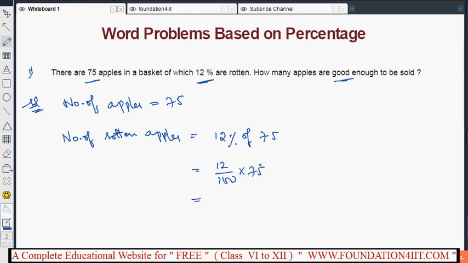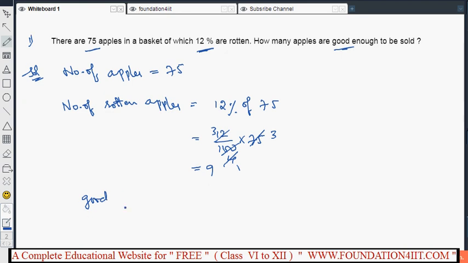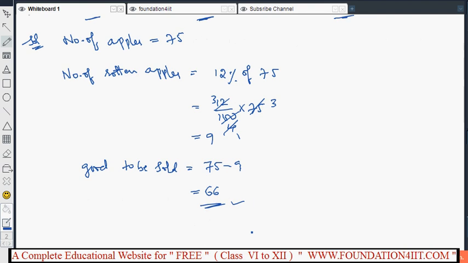So by cancellation 25 3s are 75 and 25 4s are 100. 4 1s are 4, 3 3s are 9. So 9 apples are not good. Therefore number of apples that are good enough to be sold are the remaining. So total is 75. From that, if you subtract the 9 which are not good, then 66 apples are enough to be sold.